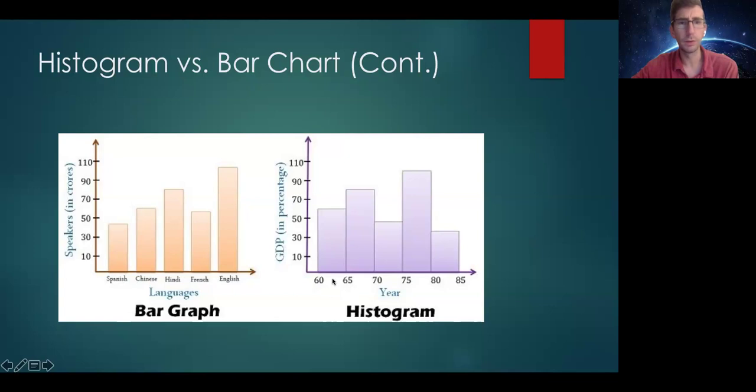These are counts of those language speakers. Whereas in our histogram here, our continuous quantitative variable is years, and then what we're measuring is GDP in percentage.